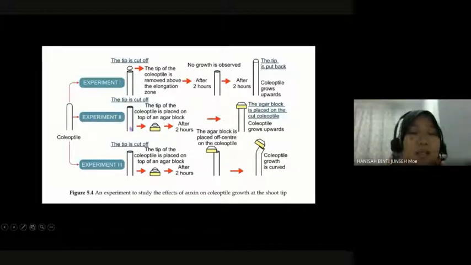In the second experiment, the situation is the same where they cut off the tip. They cut off the tip at the end, and then what they do with the tip is place it on an agar block.